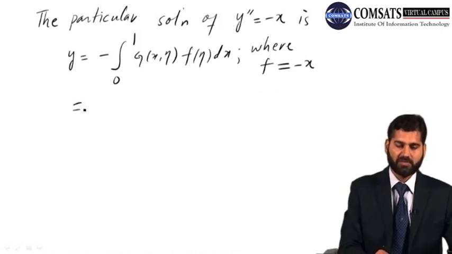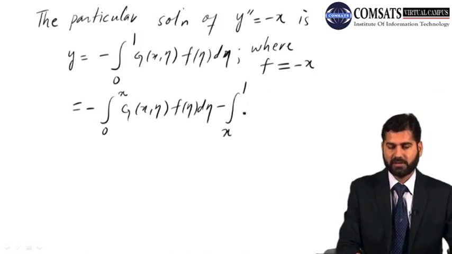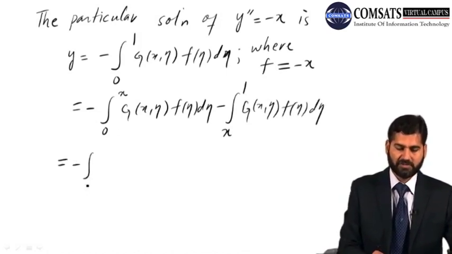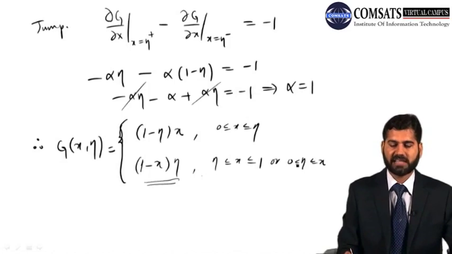What I will do is first break it from 0 to x, d eta, and x to 1, g(x, eta) f(eta) d eta. Now for the Green's function from 0 to x, this is the case when eta is from 0 to x, because eta is less than or equal to x.